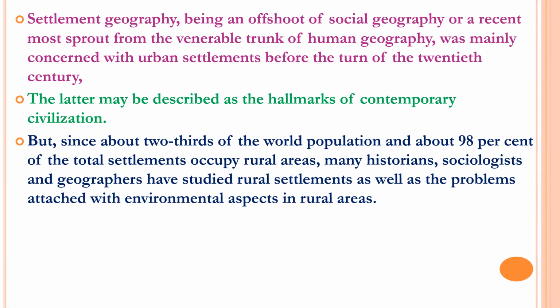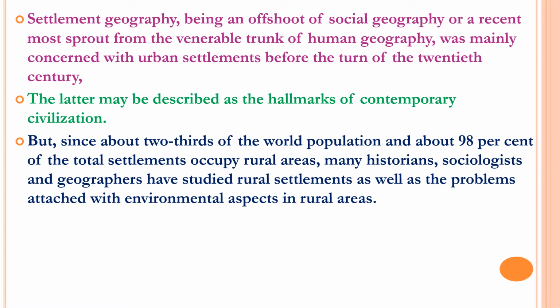But since two-thirds of the world population and about 98% of the total settlements occupy rural areas, many historians, sociologists and geographers have studied rural settlement as well as the problems attached to the environmental aspect in rural areas.